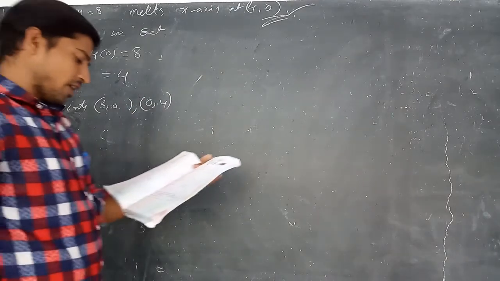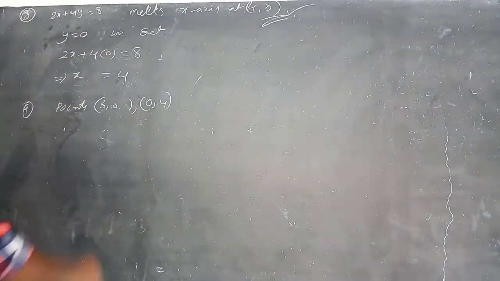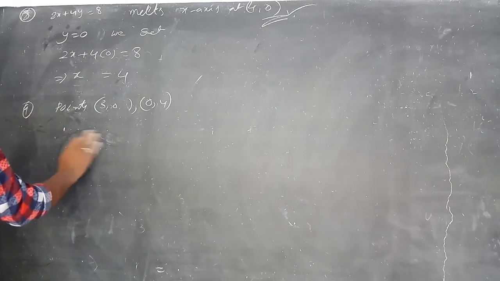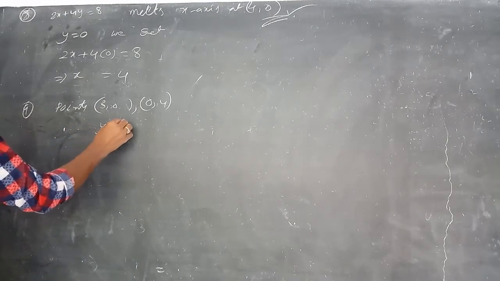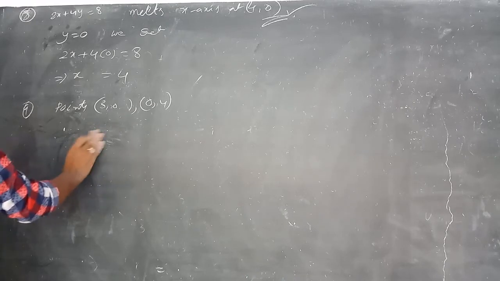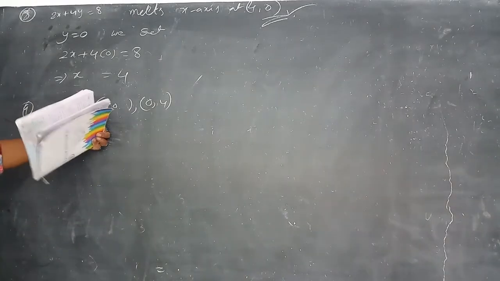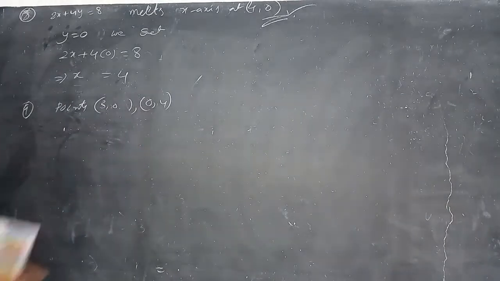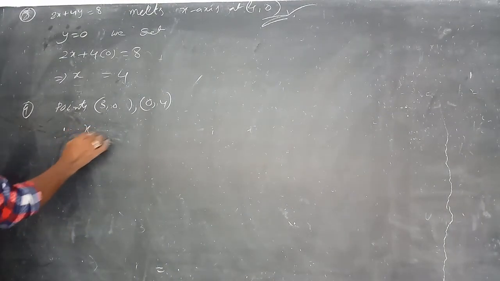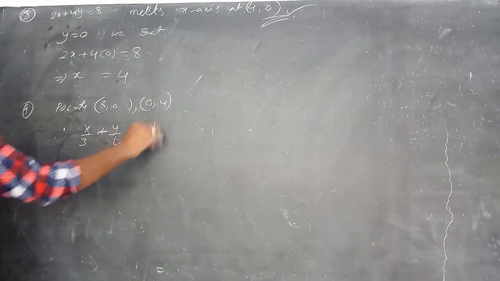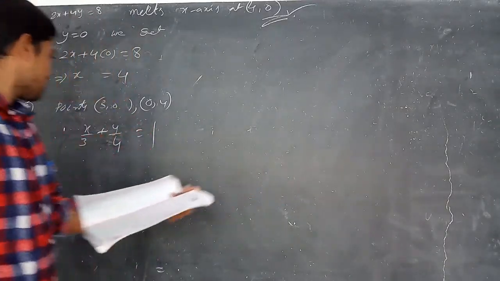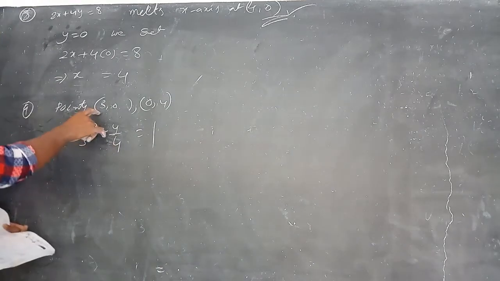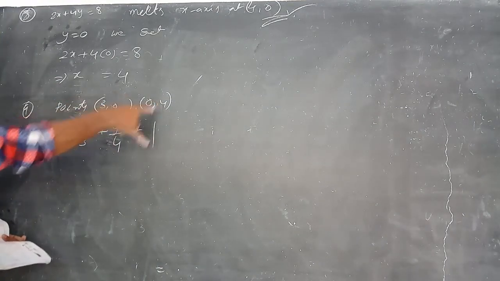Then the equation of a line, directly here, this is x-intercept, this is y-intercept, x by a plus y by b equal to 1. So directly we can get the option here, second option is correct. Direct, x-intercept, this is y-intercept.